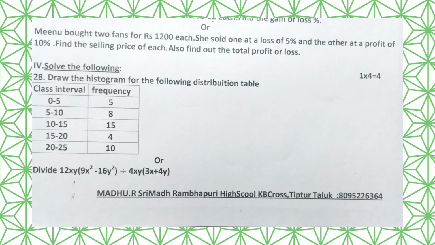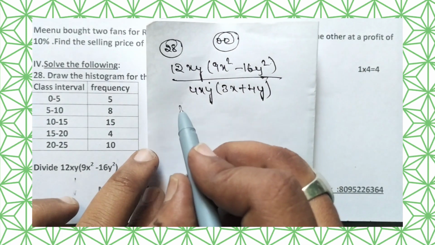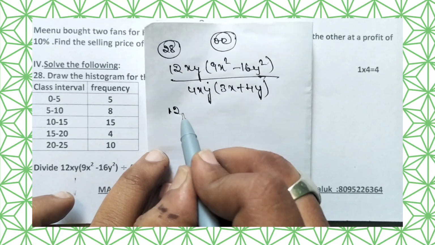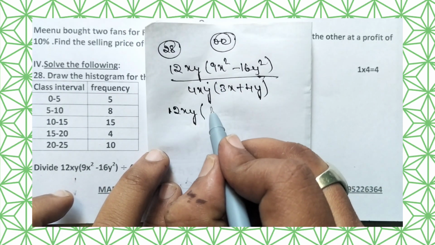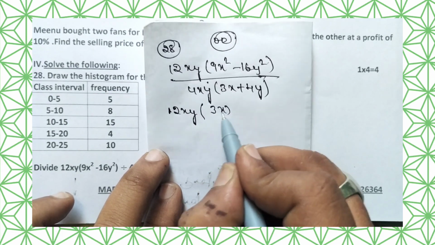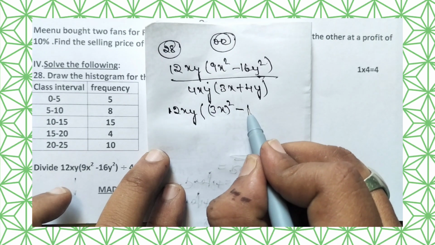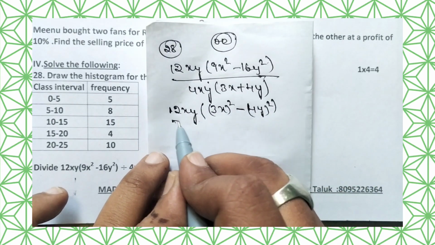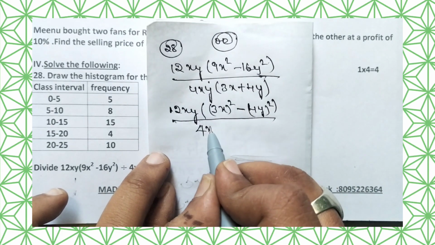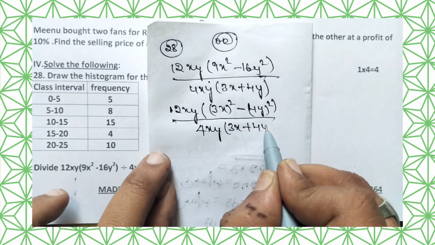So let us answer this question. Let us divide it. 12xy as it is into 9x square is written as 3x whole square minus 16y square is written as 4y whole square, divided by 4xy into 3x plus 4y.